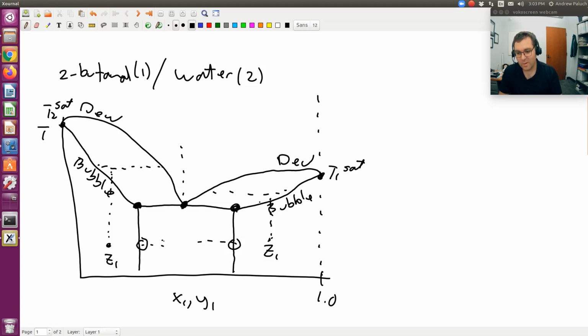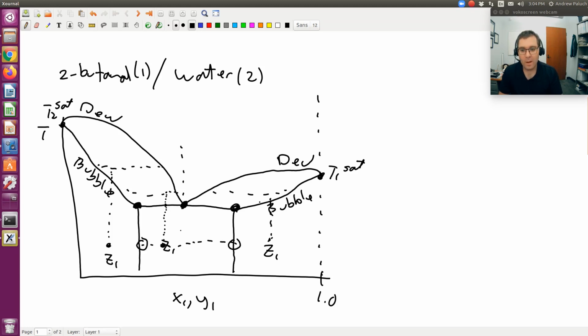But if I have, say, a liquid here, and now I heat it up, I enter this two-phase region. So this liquid region essentially disappears, and now I have this liquid phase in equilibrium with this vapor.